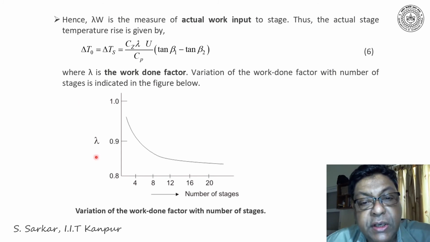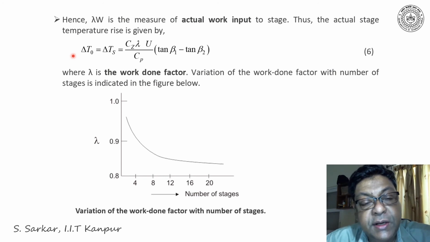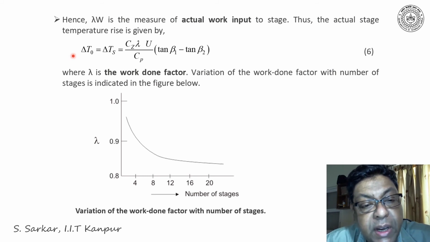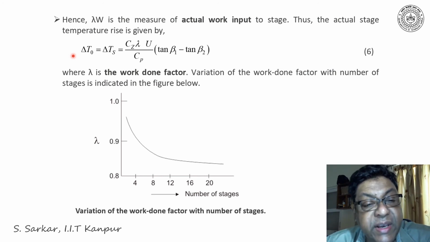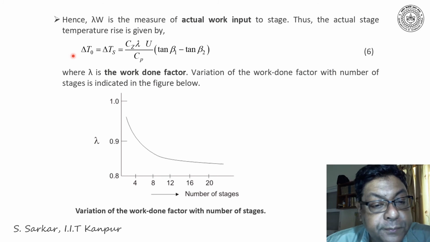Thus, equation 6 will give us the total temperature or static temperature rise of a stage. And after evaluating this stage temperature rise, we can assess the pressure ratio of the stage if efficiency is known.